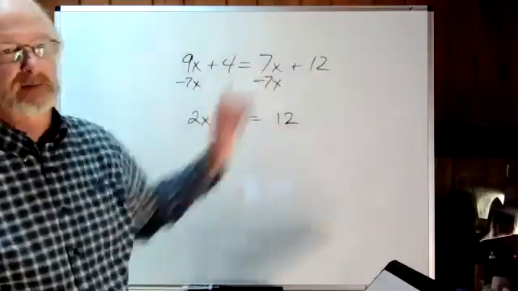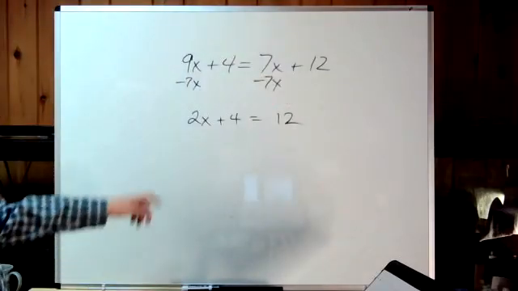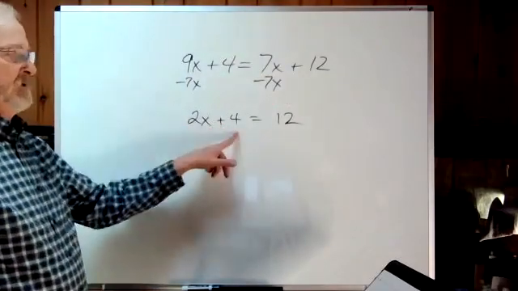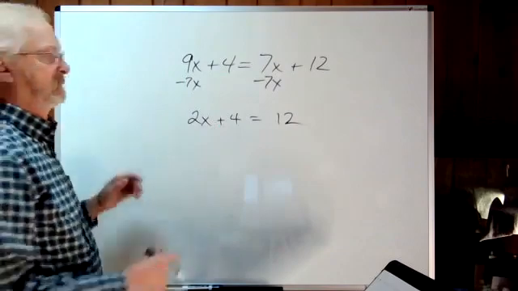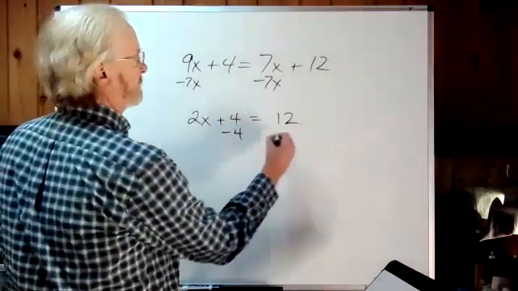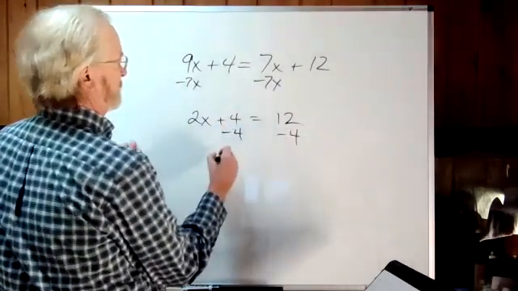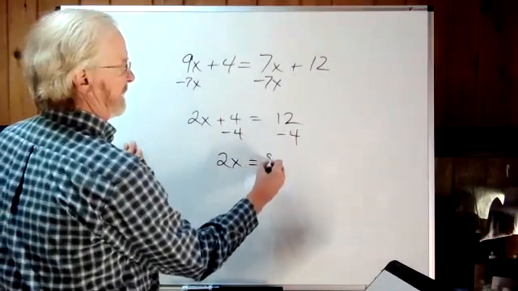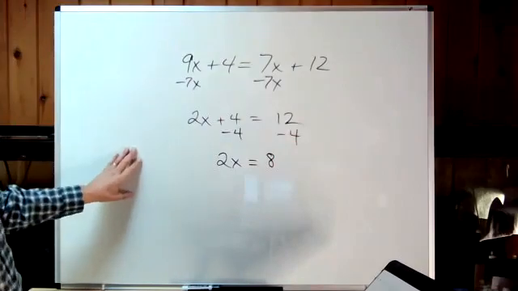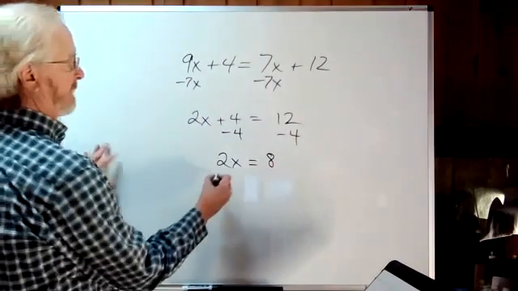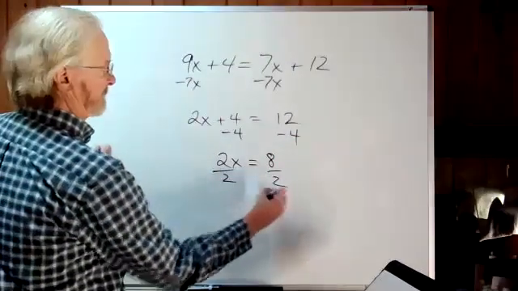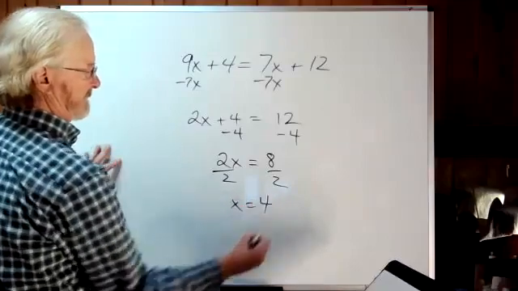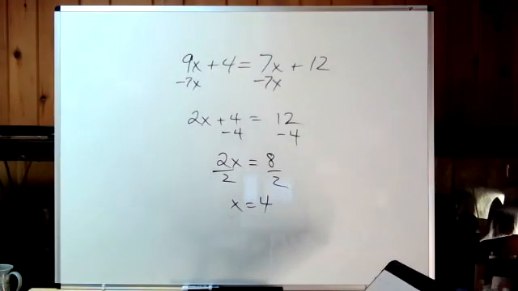Still a 12 out there, right? All right, got all the x's on one side. Let's move this 4. Subtract 4 from both sides. Let's cancel. Did that on purpose that way. And that leaves me 8. I'll divide to get 1x. But x is a 4.